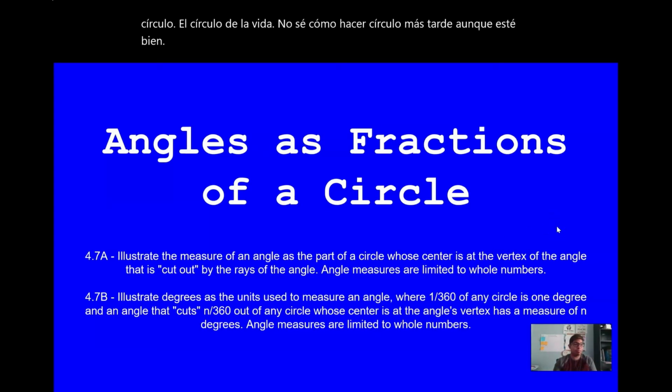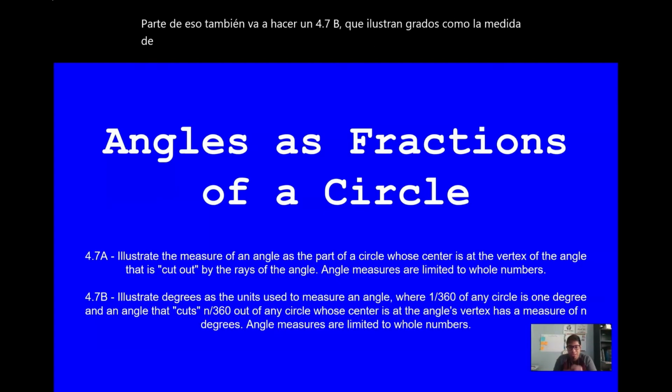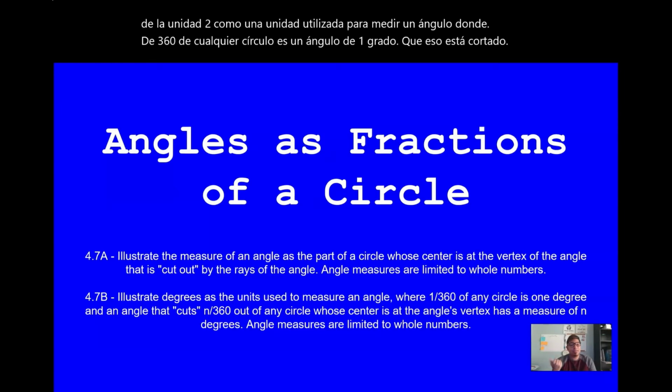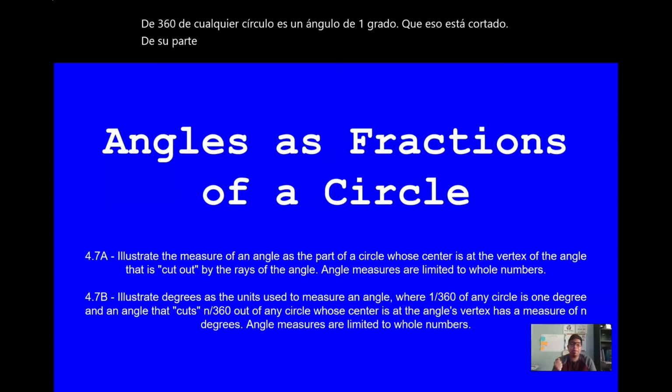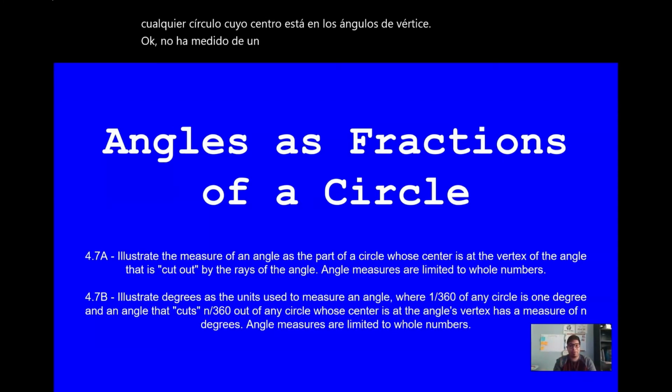And part of that is also going to be doing 4.7b, which illustrates degrees as the unit used to measure an angle, where 1 out of 360 of any circle is 1 degree, and an angle that's cut out of n out of 360 of any circle whose center is at the angle's vertex has a measure of n degrees, which we need to figure out, okay?